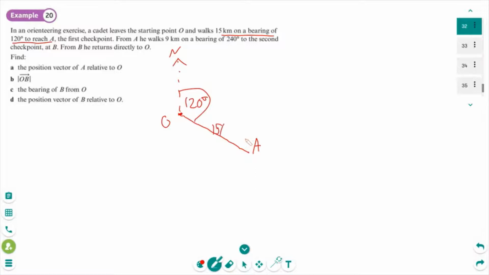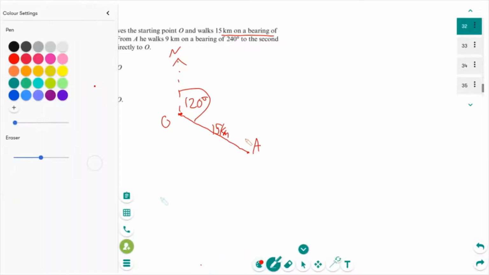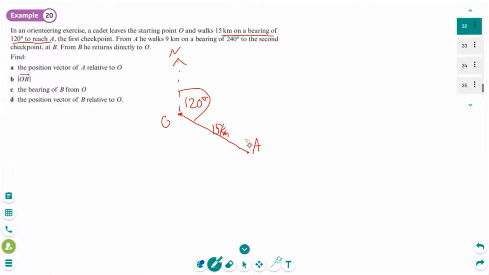To the first checkpoint. Let's imagine the cadet is David. From A, he walks 9 kilometers on a bearing of 240 degrees to the second checkpoint. So let's imagine the north line again. Bearings are measured clockwise from the north, so we want 240 degrees.